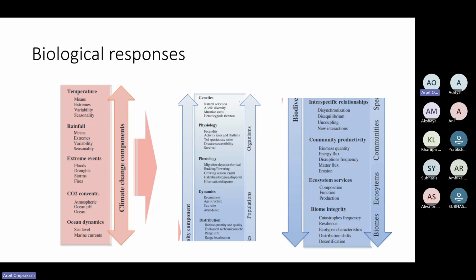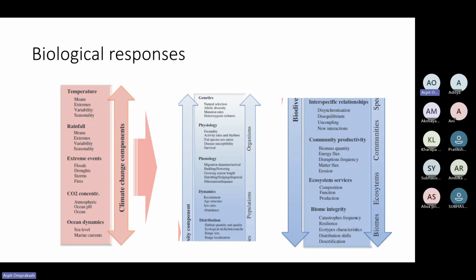Then we might see high rates of mutation: due to increased concentration of CO2, a lot of the ozone layer is getting depleted or disturbed. That leads to a high amount of UV radiation, which leads to higher mutation rates in organisms, right? Then these genetic changes might become physiologically relevant, or these changes in climate components might lead to physiological changes also.